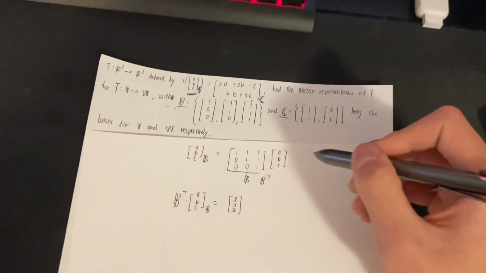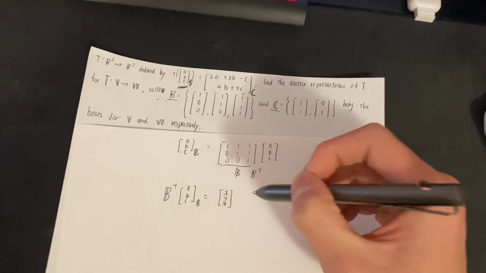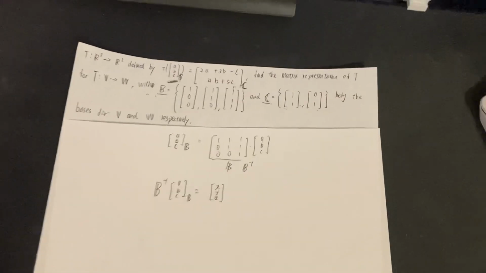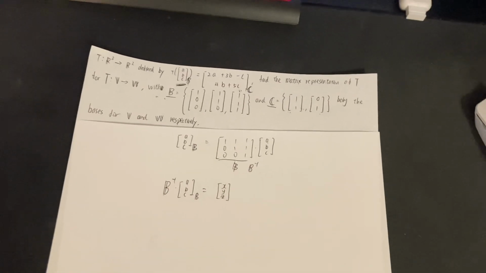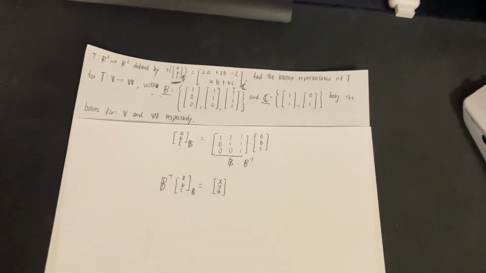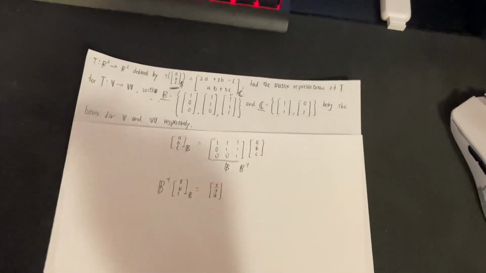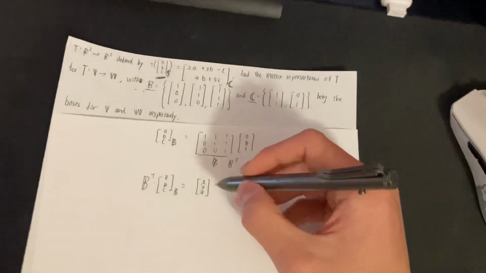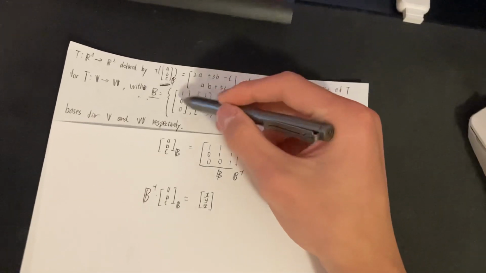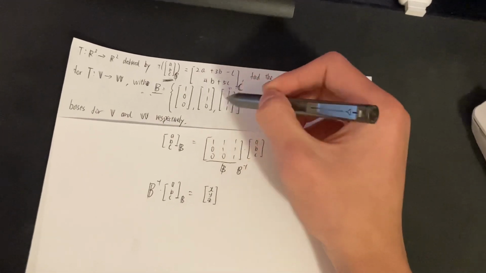That is a linear combination. That is the scalar of the linear combination with respect to the standard, the elementary basis, the 1 0 0, 0 1 0, 0 0 1.